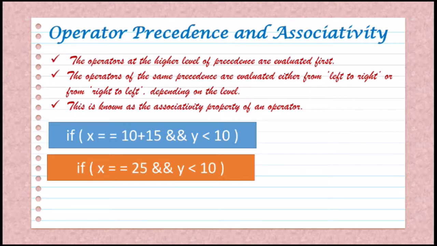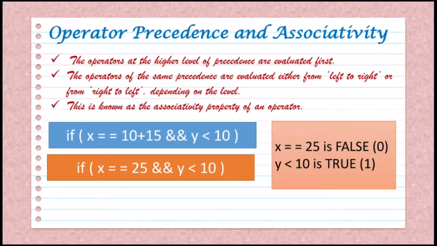The next step is to determine whether x is equal to 25 and y is less than 10. If we assume a value of 20 for x and 5 for y, then x equal to 25 is false, that is 0, and y is less than 10 will be true, so the value will be 1.